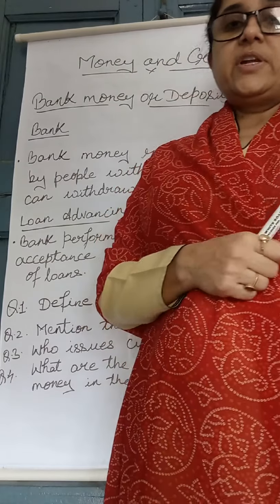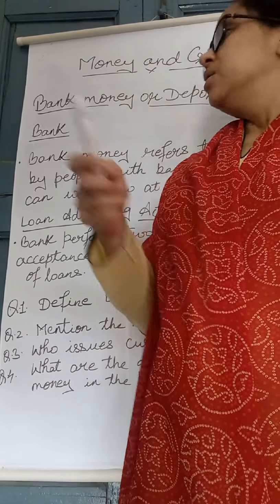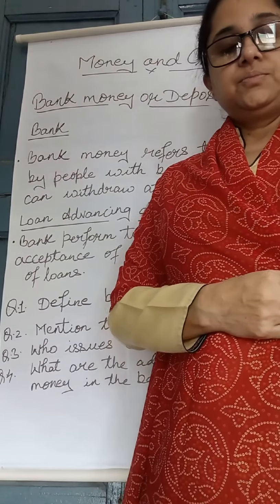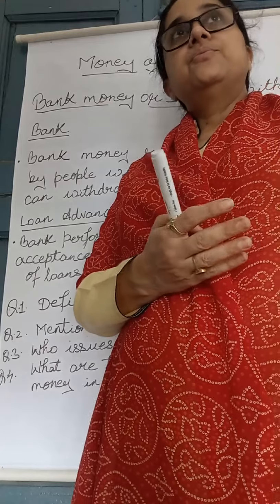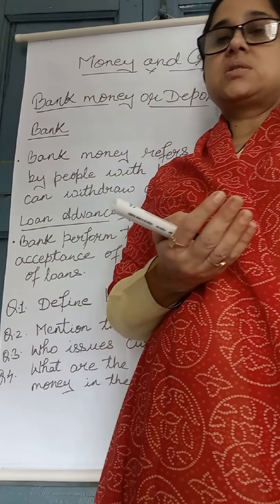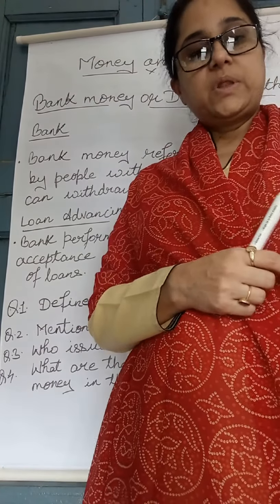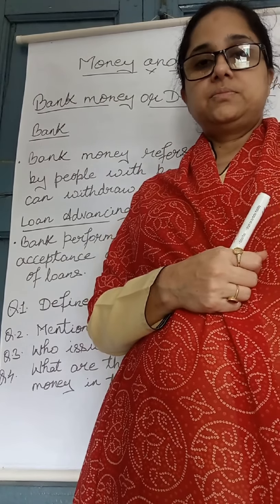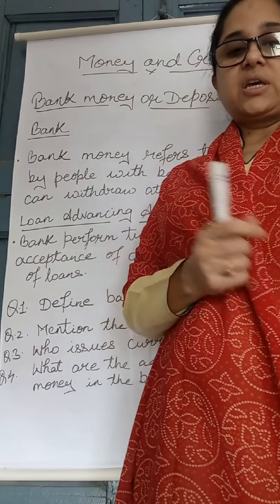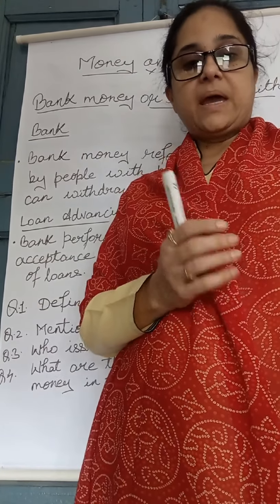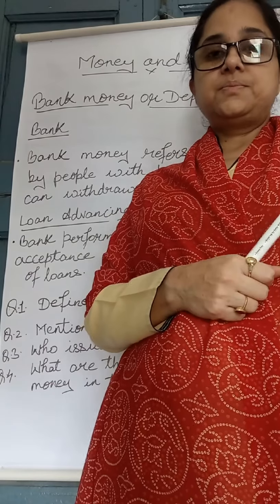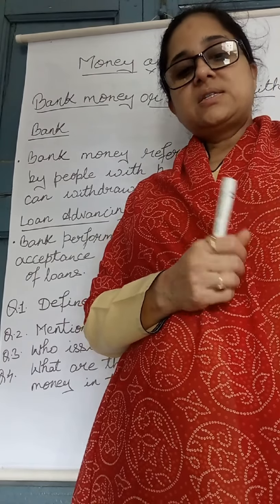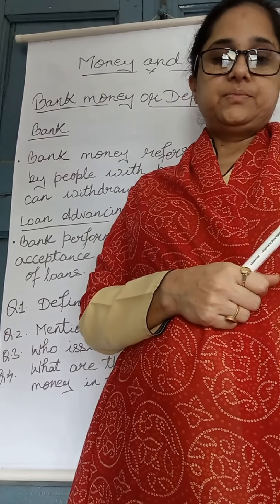Now today I will explain to you about deposits with banks, or bank money. How do we deposit money in the bank? People have extra cash with them. Those having extra cash open a bank account in the bank in their name and deposit the surplus money there.